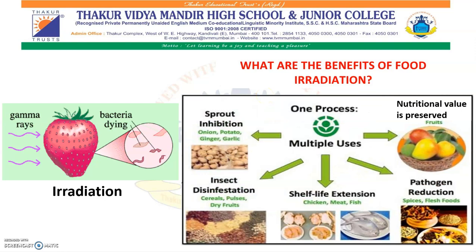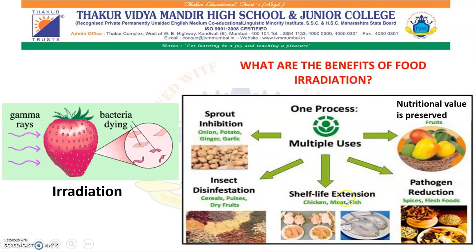Now using this method has several advantages. The nutritional value is preserved in the food. It does not destroy the nutritional value. The nutrients are preserved inside the fruits and vegetables. Also, pathogen reduction takes place, means the insects, the microorganisms, the bacteria are reduced in the food item by using this method of irradiation.